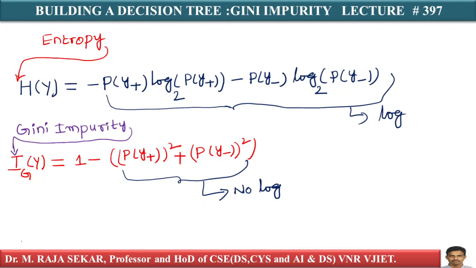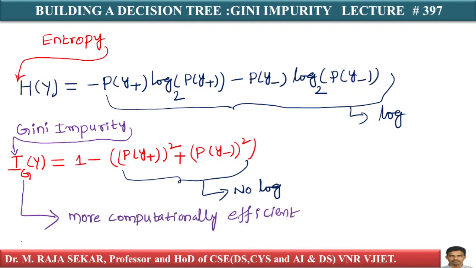If both of them are behaving very similarly, as we saw, Gini impurity, not information gain, is faster to compute, more computationally efficient than your entropy, because it does not have a log. There is no log term. Log takes more time to compute than squares.